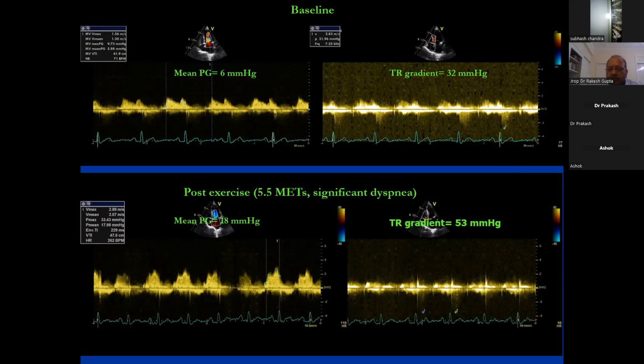And after 1 minute or so, when the heart rate slightly settles down, then you can see the slope. So that is how we continue, or we go on recording and then measure later on. But in elderly individuals, we also look for a wall motion abnormality. So, the increase in the mean gradient and the increase in the PA pressure.